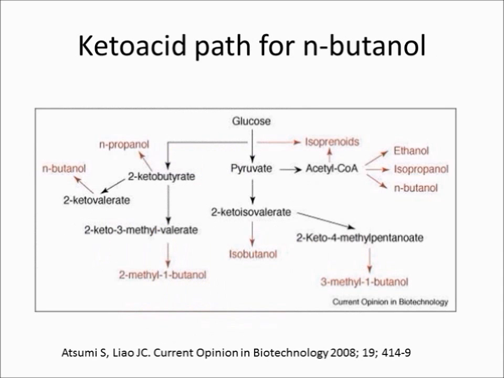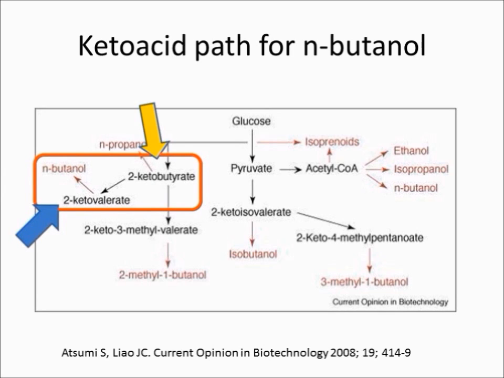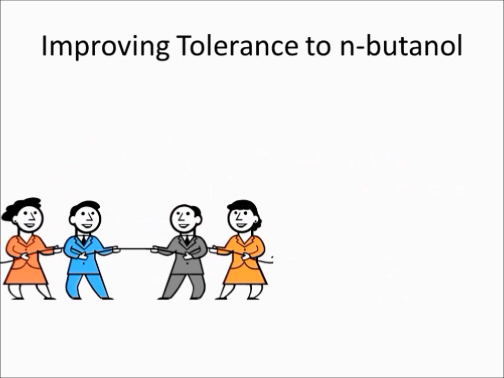In addition, E. coli possesses an alternative pathway that results in n-butanol production. Gene transfer techniques have been used to modify this pathway to increase the production of upstream precursors, ketobutyrate and ketovalerate for the ketoacid pathway, so that more n-butanol can be produced. A second major strategy has been to improve the resistance of E. coli to n-butanol.